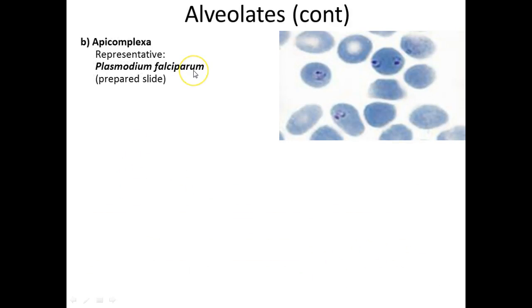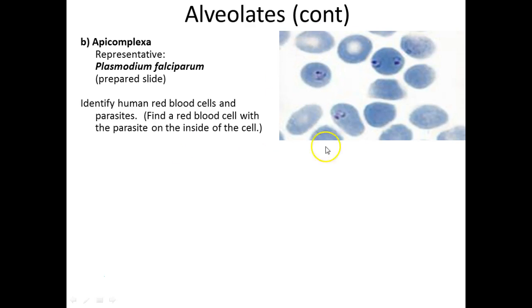The Plasmodium falciparum, and this is just one species of 4 different species of Plasmodium that can cause malaria. And because of that, you'll notice on the slides we'll see red blood cells, human red blood cells, and then you'll see the parasites. The parasites themselves are sometimes inside the red blood cells because this is part of their life cycle that they reproduce inside the red blood cell, and then part where they'll be outside the red blood cell. So you need to look in both places in order to find them.